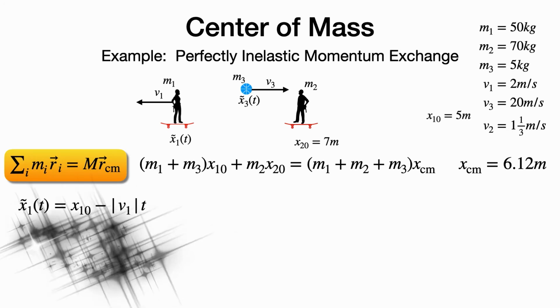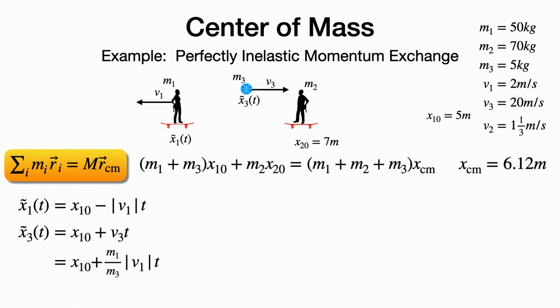And the position of x3, we'll call this x3 tilde, is again the initial position plus the velocity of the ball as a function of time. And going back to our previous working of the problem, we can replace v3 by its expression in terms of the recoil velocity v1. And we now have expressions for the positions of the mass m1 and the mass m3.